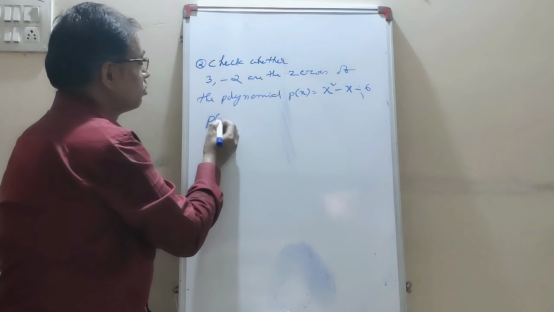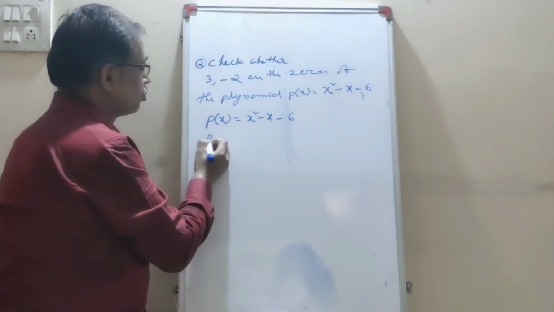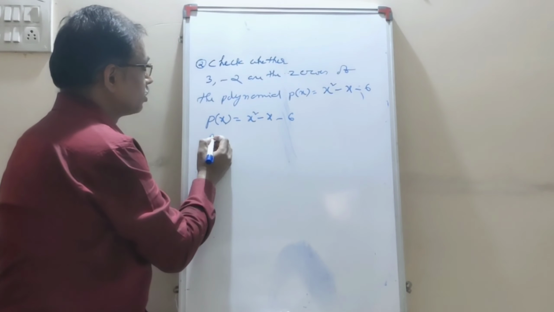Let us assume it as p of x, simply x square minus x minus 6. Substitute it. Put x is equal to 3.